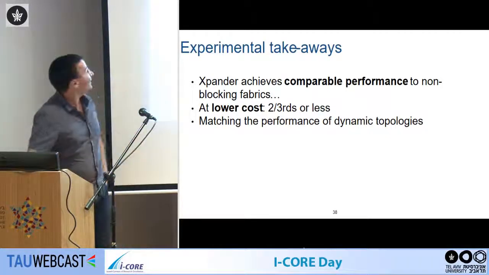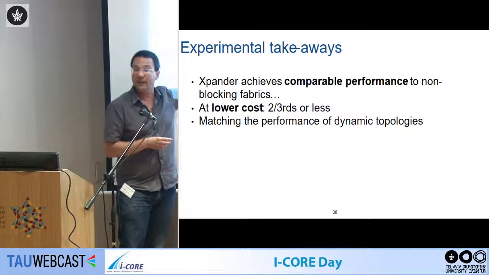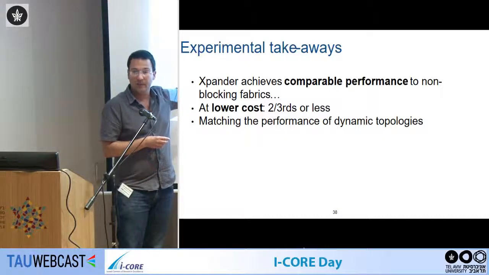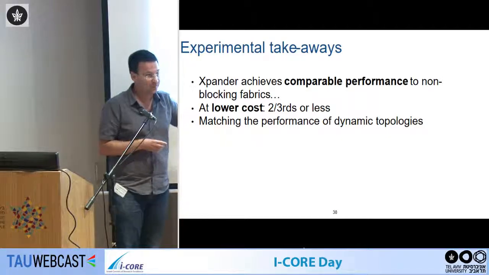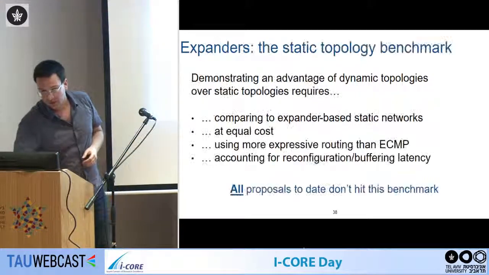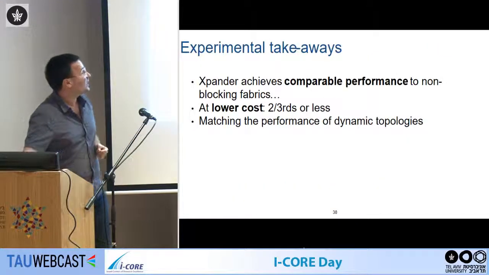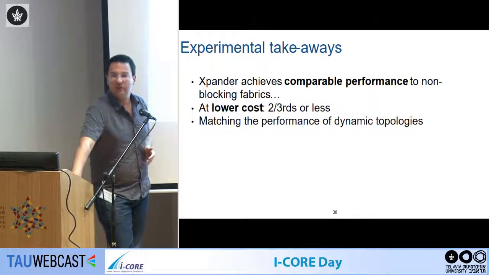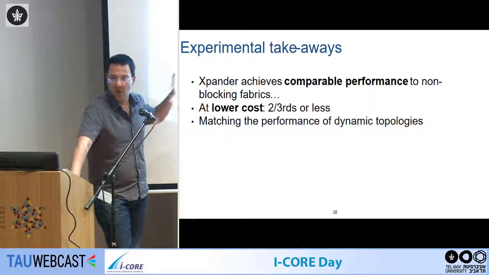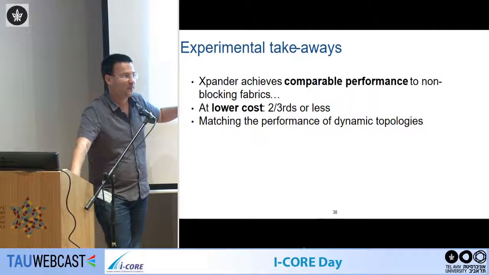And the other one is that it matches the performance of dynamic topologies even in the environments for which these were designed. And what this teaches us, I think, is that there is a much easier way beyond today's data centers than going all the way towards dynamic topologies, at least at this point in time.